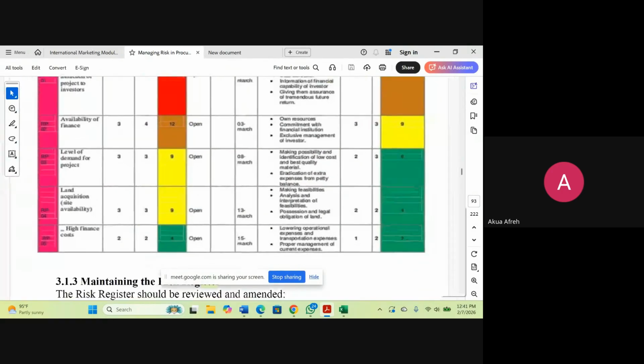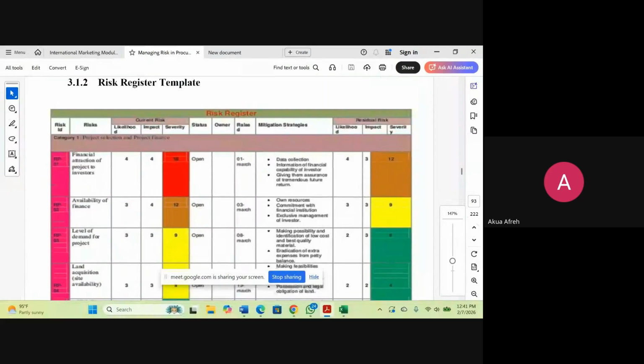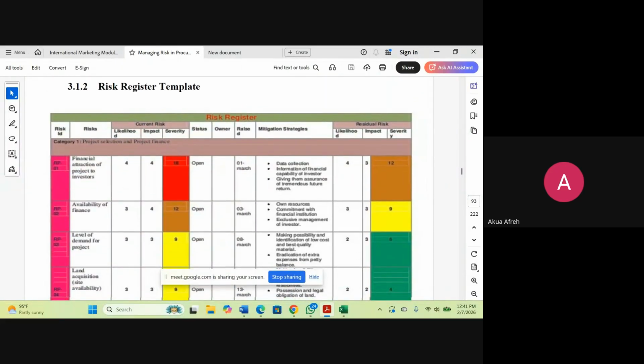I'm hoping you guys can see. So the risk register, you have an ID. They did it RP01. We have a risk, so the risks are here. The likelihood of the risk happening. Last week we did the assessment, which is the likelihood times the impact, and then you get to know the severity. Then you assign a risk owner to the risk.